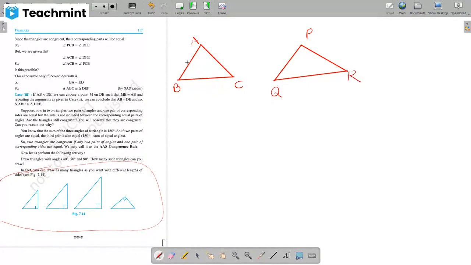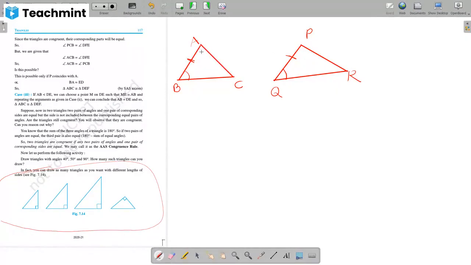And we are given that side AB is equal to PQ, and angle B is equal to angle Q. Now, if you want to use this angle side angle criteria, we need these two angles to be equal.